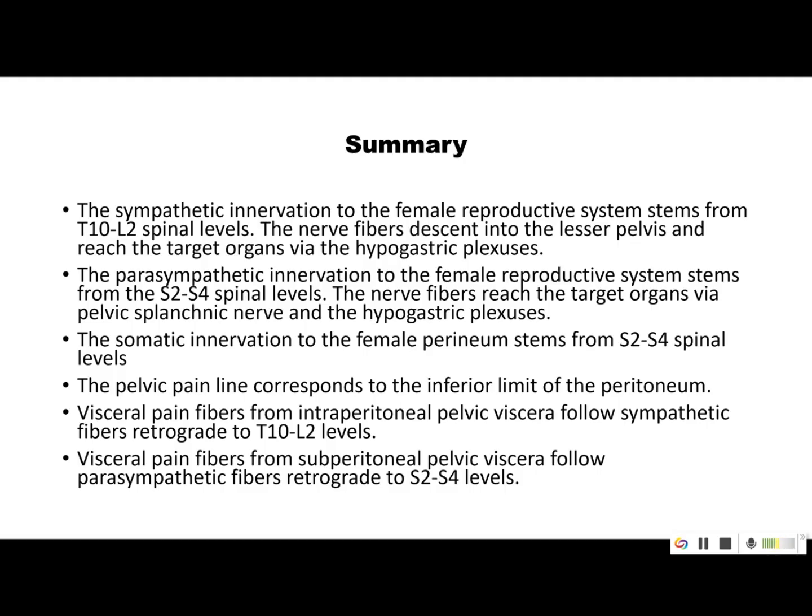The somatic innervation to the female perineum stems from S2 to S4 spinal levels. The pelvic pain line corresponds to the inferior limit of the peritoneum. Visceral pain fibers from intraperitoneal pelvic viscera follow sympathetic fibers retrograde to T10 to L2 levels. Visceral pain fibers from subperitoneal pelvic viscera follow parasympathetic fibers retrograde back to S2 to S4 levels.